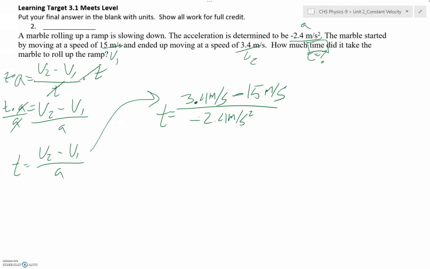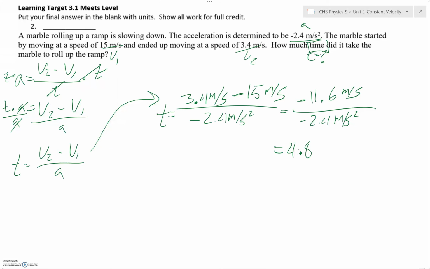So 3.4 minus 15 is negative 11.6 meters per second. Divide that by my negative 2.4 meters per second squared. And then if I do negative 11.6 divided by negative 2.4, I get a positive value, which is important, 4.8 is the number I get.